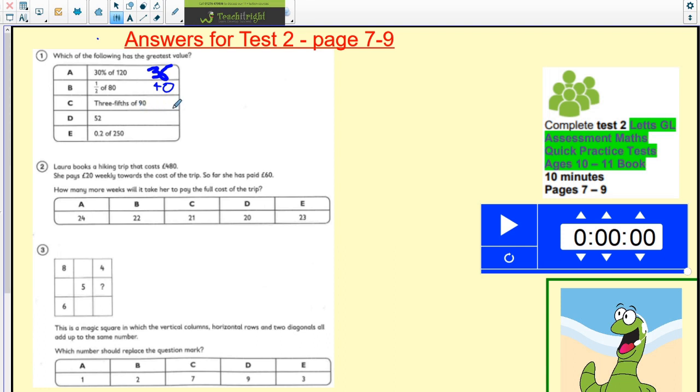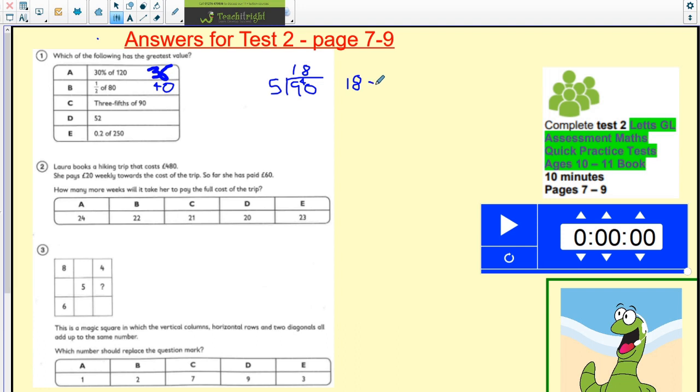3/5 of 90, well, 1/5 of 90 is 90 divided by 5. I'm going to do it this way, so there's my 5 and my 90. 5 goes into 9, 1 time remainder 4. 5 goes into 40, 8 times. So that's 18, but that's only 1/5, remember.